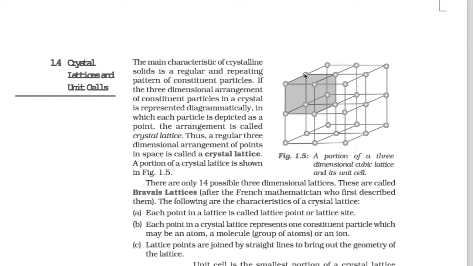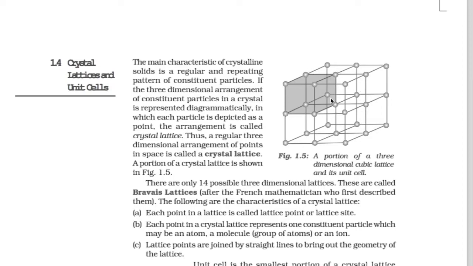Here particles may be atoms, molecules or ions. As you know, in crystalline solids, particles are arranged in a definite pattern and that pattern repeats itself.